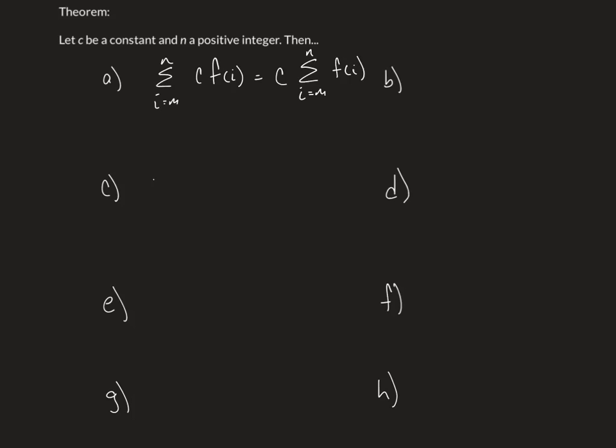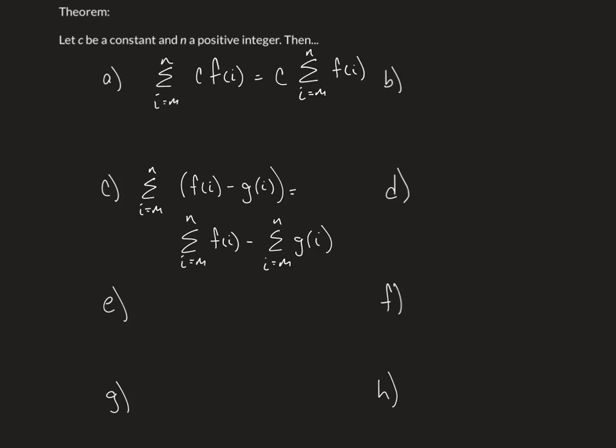If I am taking the sum, again, from m to n, where n and m are integers and m is less than n, of a function minus another function, I'm going to write beneath it that you could calculate that sum for the first function and then calculate it for the second function and subtract those.